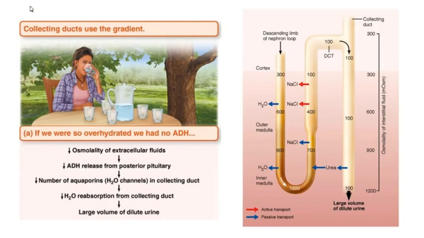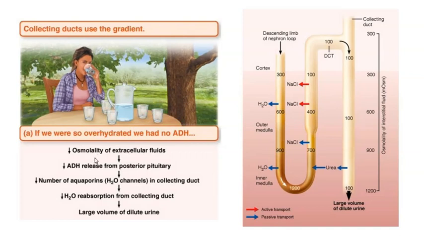And if you want a little diagram summarizing that, we see that the collecting ducts use the gradients created in the nephron loop to help produce very dilute urine. So if we were very overhydrated and had very little antidiuretic hormone, that means that the osmolarity of our extracellular fluids is going to be very low, because we have a lot of water, which means that large volume of water is going to dilute whatever solutes are there.